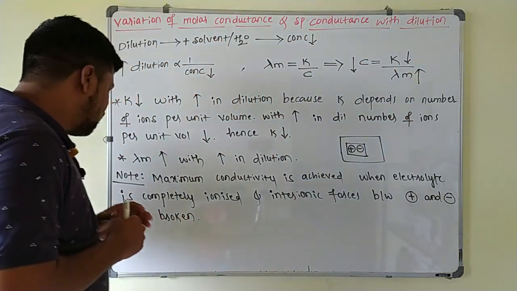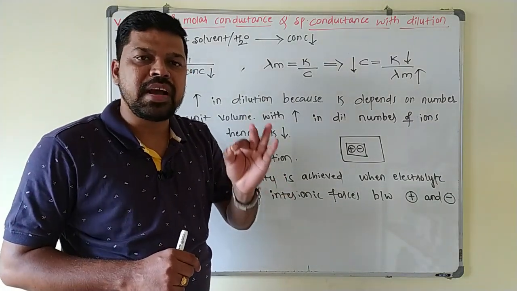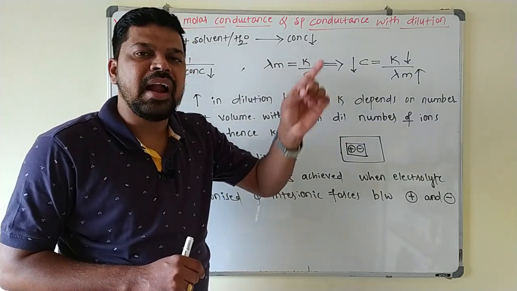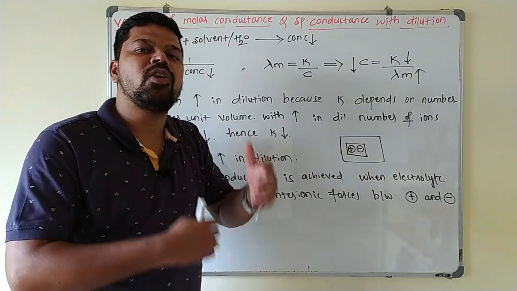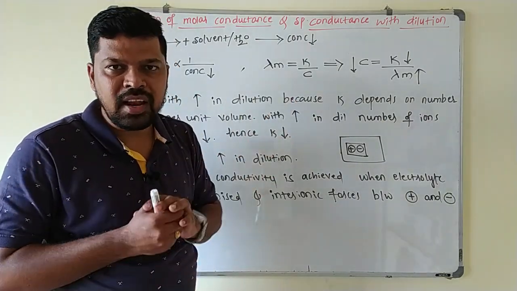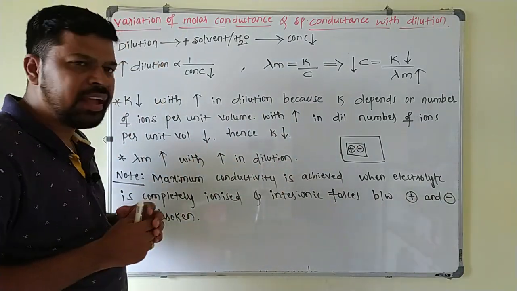Next, another point is maximum conductance, that is maximum electrolytic conductance is achieved only when the added electrolyte undergoes complete ionization, because whenever it undergoes complete ionization, more number of ions will be formed, so that conductance will increase. With increase in the number of ions, molar conductance will increase.